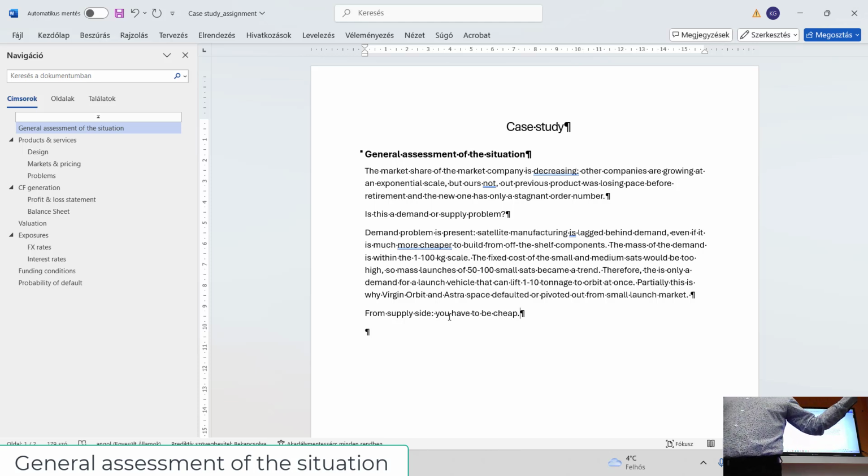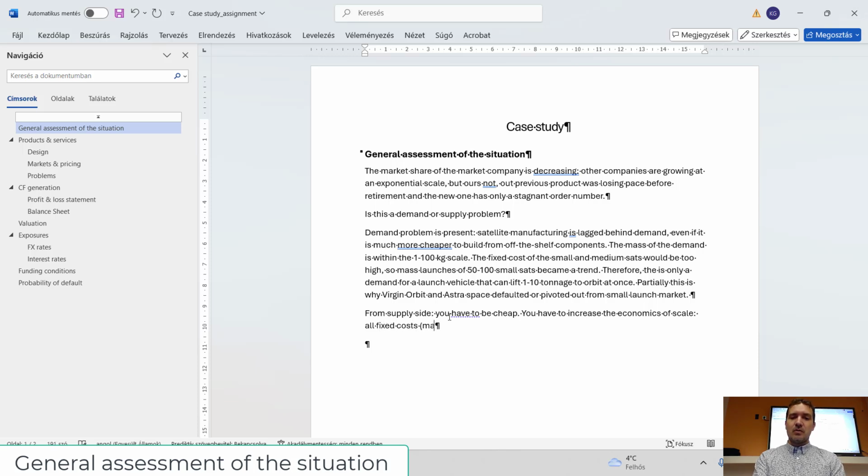So you have to increase your economies of scale. So all the fixed costs, so manufacturing, so maintaining the production line.